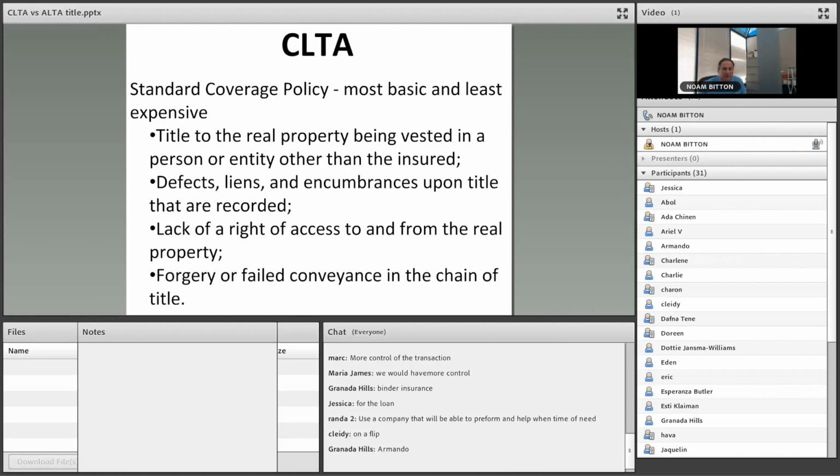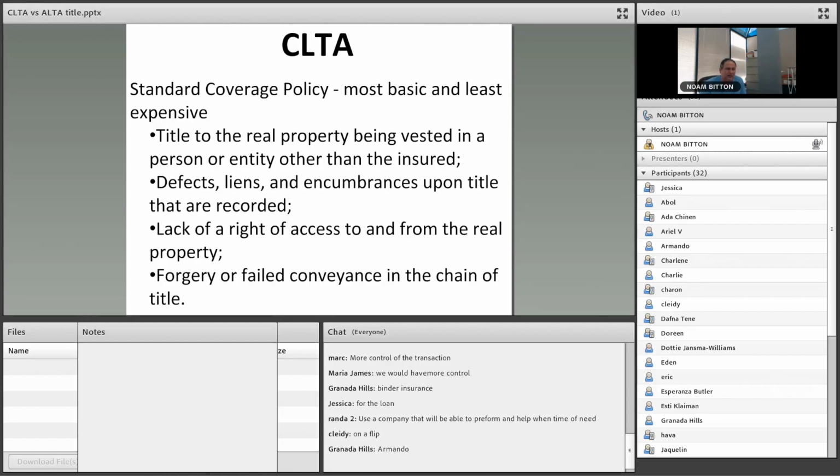I mentioned before about clouds. If there is a problem before John changed hands to Mary, and Mary sold the property, basically, if the transaction from John to Mary was not properly done, that's going to be covered in CLTA.